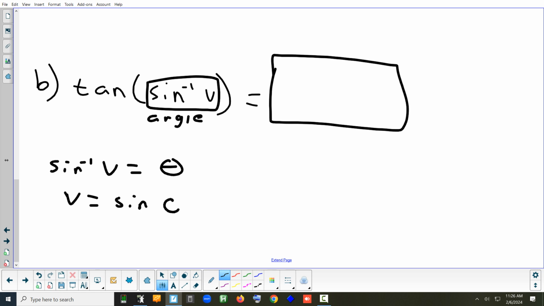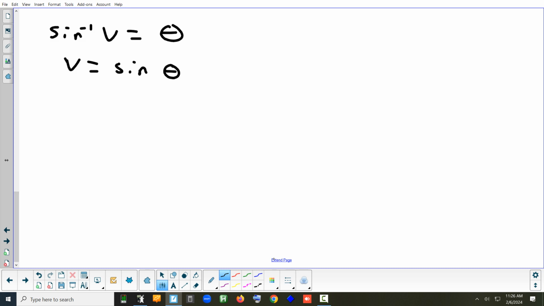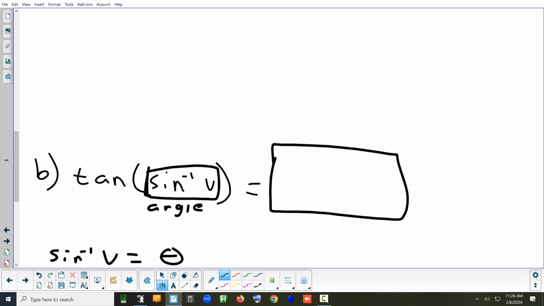V is equal to the sine of theta. And now that you know the sine is V, you should be able to draw a diagram that represents this part of the problem. Okay, you're going to draw a diagram for your angle.